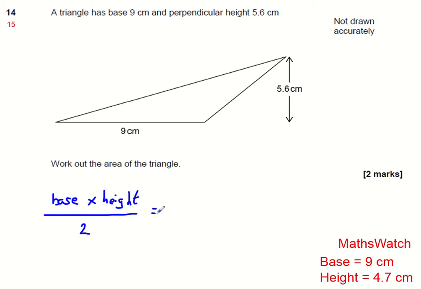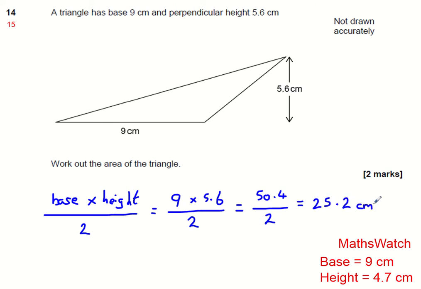So the base is 9 centimetres, the height is 5.6, and then we're going to divide that answer by 2. 9 times 5.6 is 50.4, and 50.4 divided by 2 means that the area of this triangle is 25.2 centimetres squared.